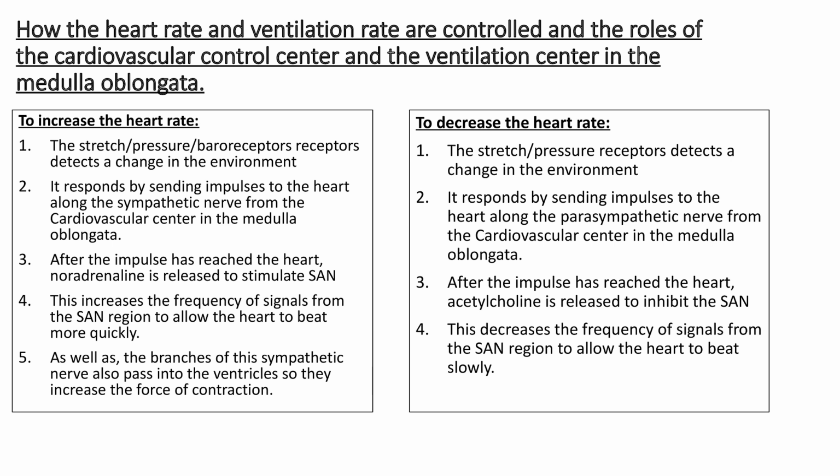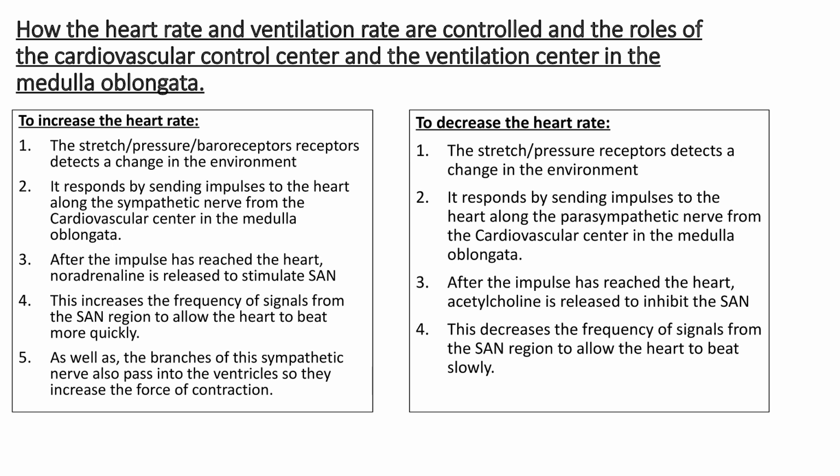So these sympathetic nerves also branch into the ventricles and send signals to increase the force of contraction, so that more oxygenated blood is pumped out of the ventricles and into the body.